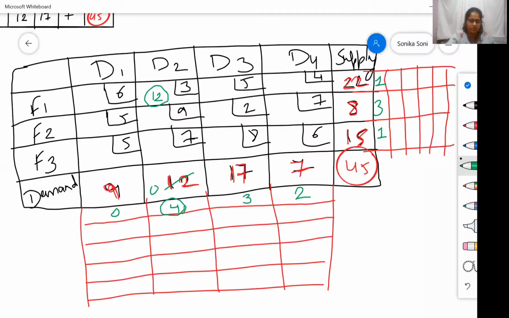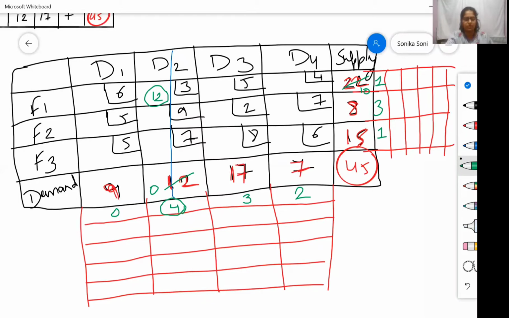Now the 12 becomes 0 and 22 becomes 10. Now where the demand has become 0, we will cancel the destination column.